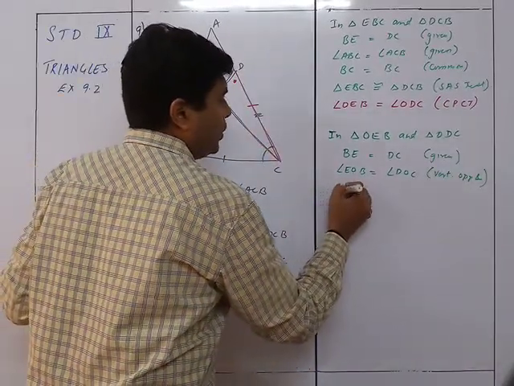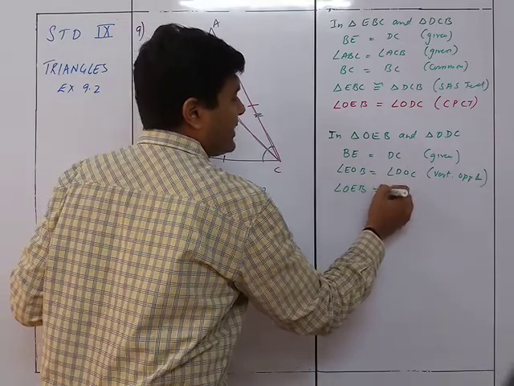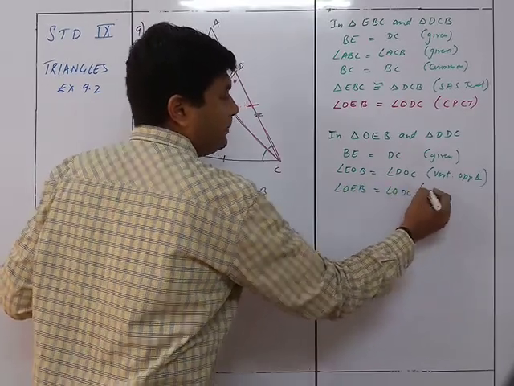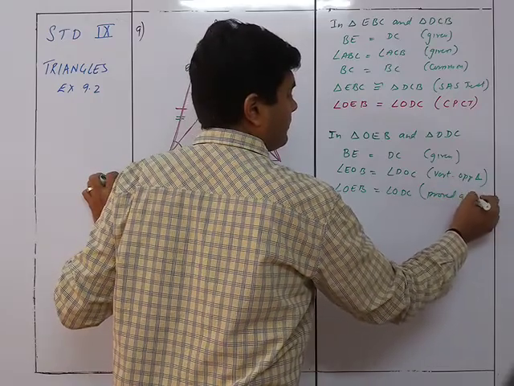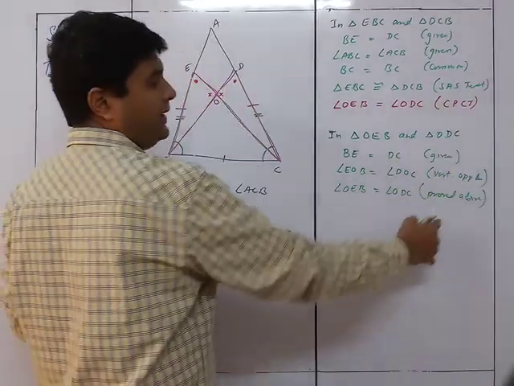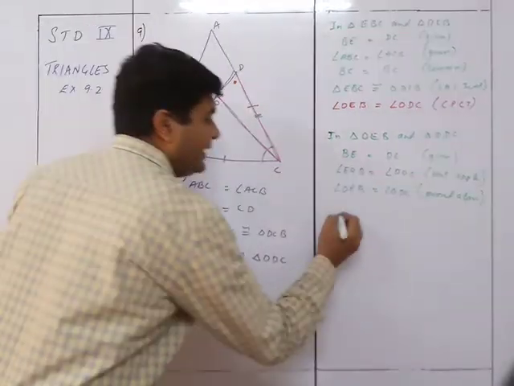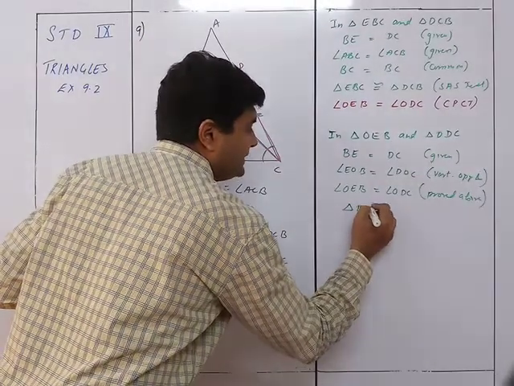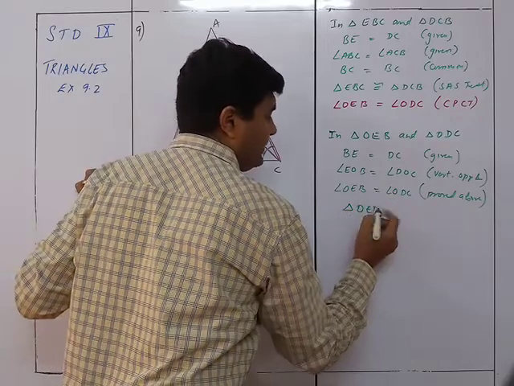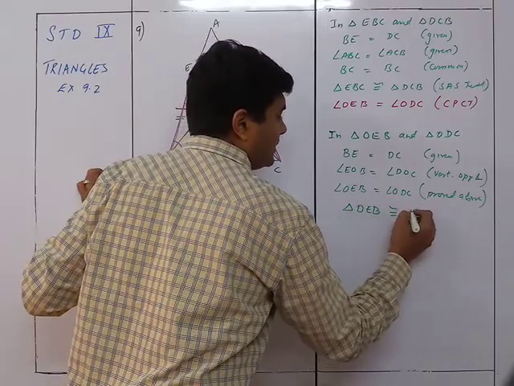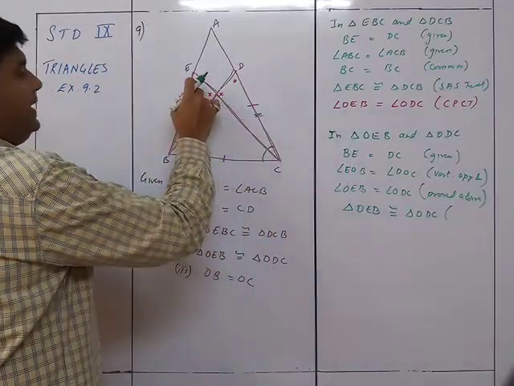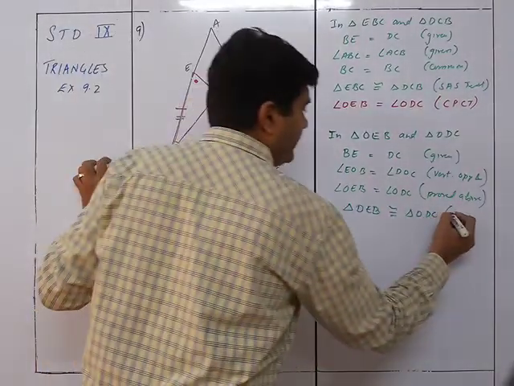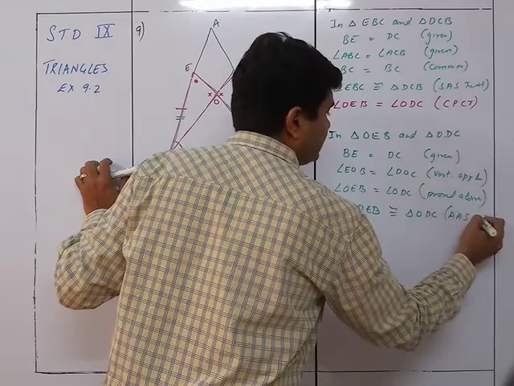And angle OEB is equal to angle ODC, proved above. We have proved above, right? That's why we are just writing there. Therefore, triangle OEB is congruent to triangle ODC by which test? AAS. It will be AAS test.